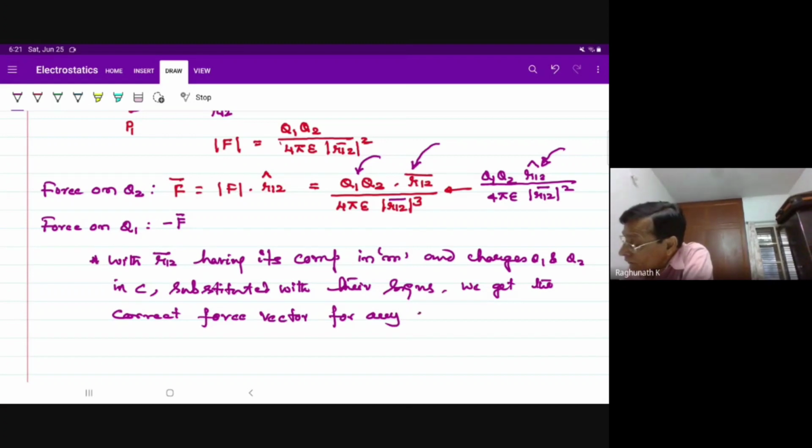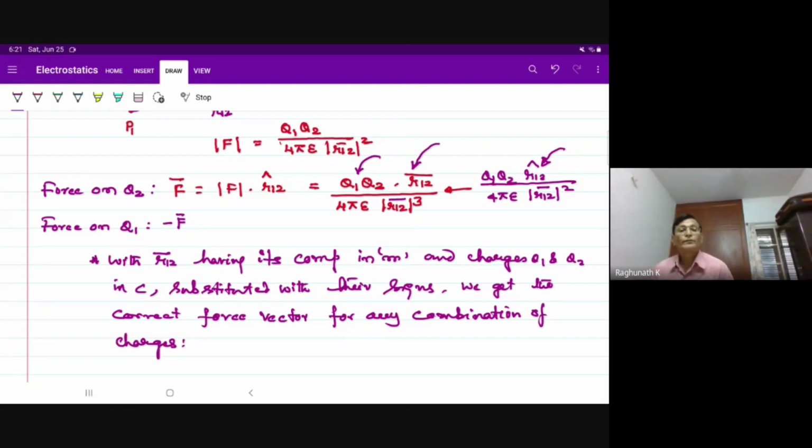Is this clear? Both positive, both negative, one positive, one negative. It will give it. We need not really worry about whether it is repulsive, attractive, and all.